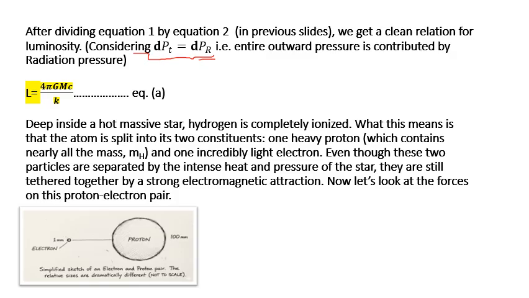Even though these particles are separated by the intense heat and pressure of the star, they are still held together by the strong electromagnetic attraction. So we have to look at the forces that these two subatomic particles are facing.